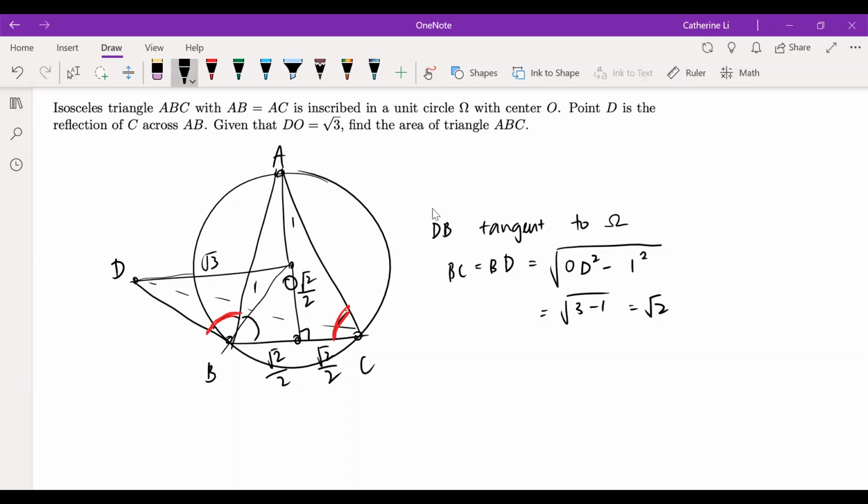And we're going to get that the area of ABC is equal to root 2 over 2 times 1 plus root 2 over 2, which is root 2 plus 1 over 2. And for this problem, if you assume that ABC is acute, this is what you get, but you could also get root 2 minus 1 over 2 if you assume it's obtuse, which the problem forgot to include, but yeah.